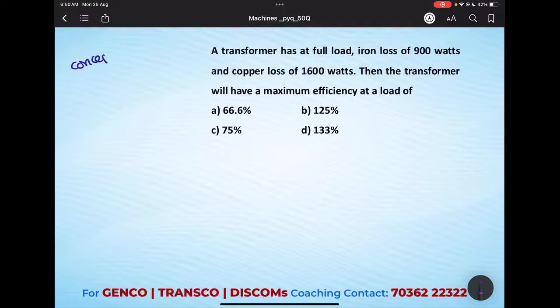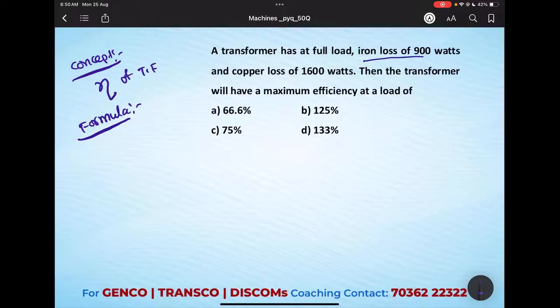The concept is about efficiency of transformer. What are the different formulas we remember related to efficiency? We need to come to the formula with the given data. What is the given data? Iron losses are given, copper losses are given, and they are asking about efficiency.